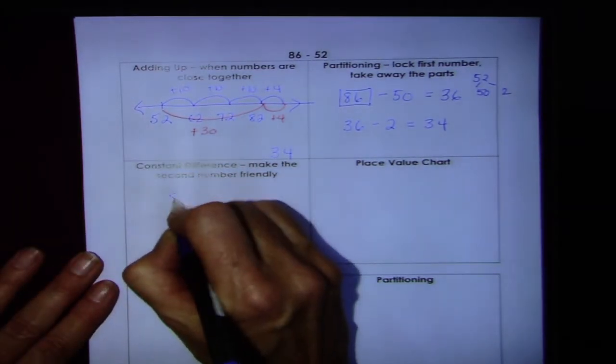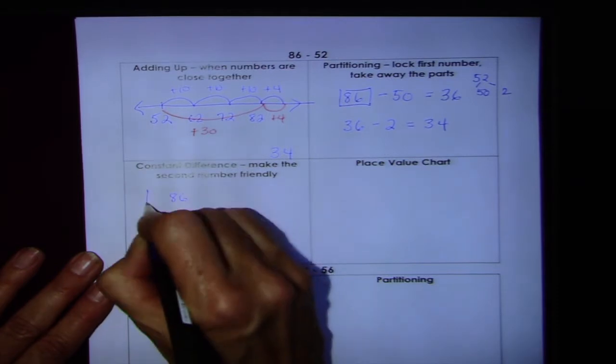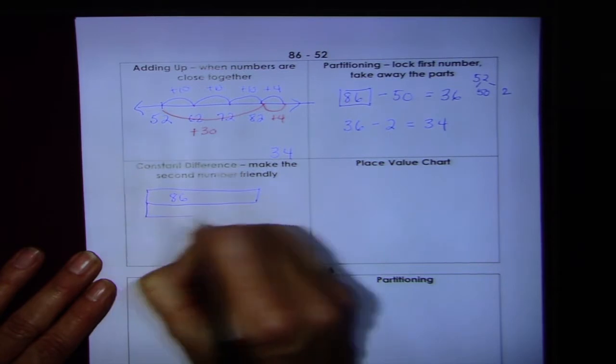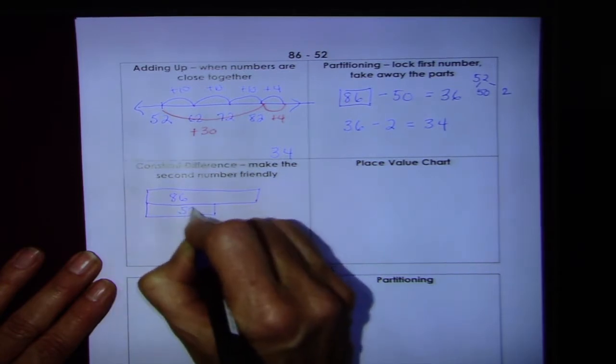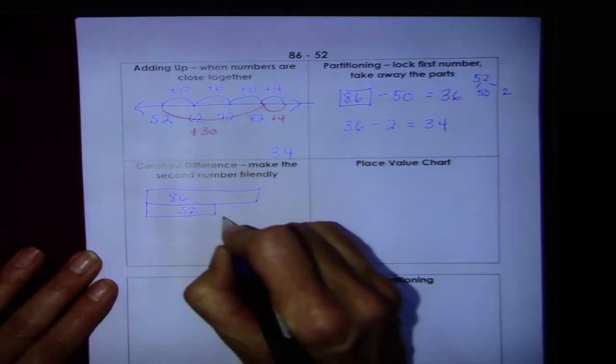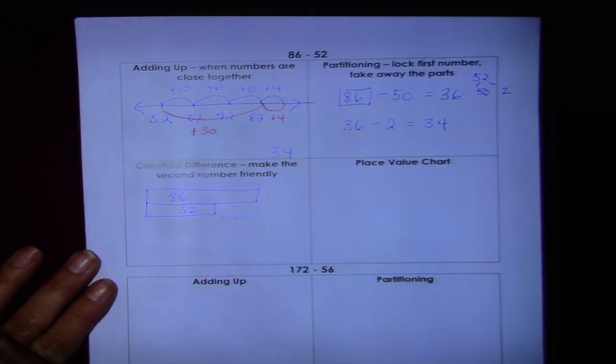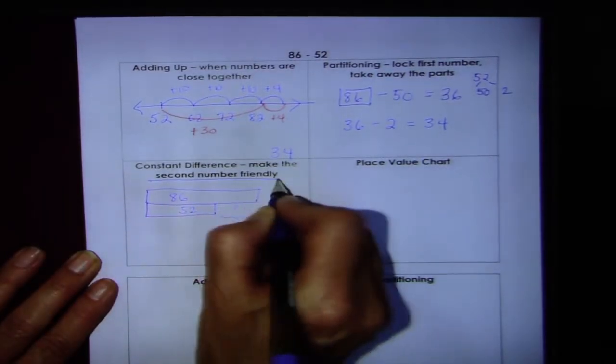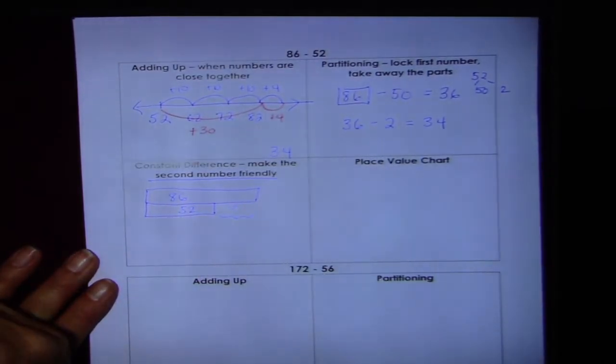Okay, I draw this. I have 86. I'm taking away 52. And I want to know this difference. I have to get the second number to be friendly. That's a part of this.